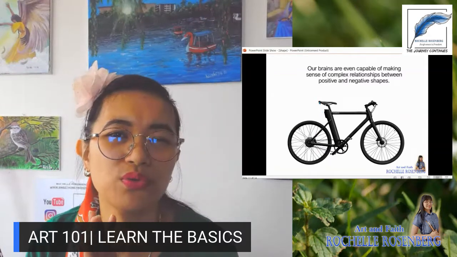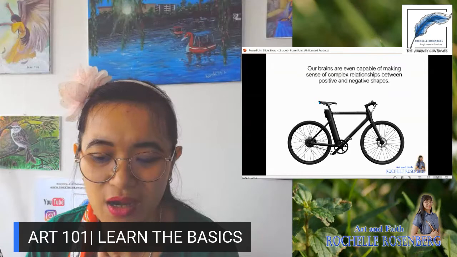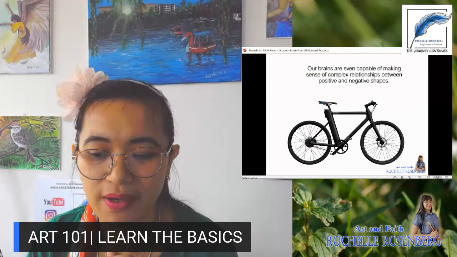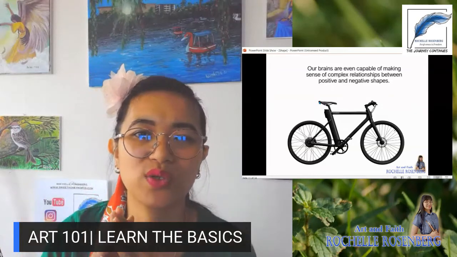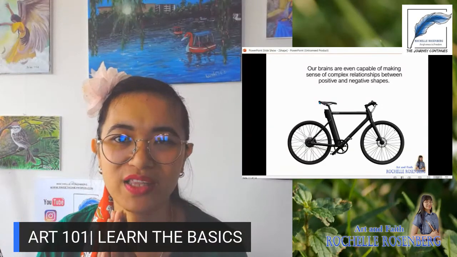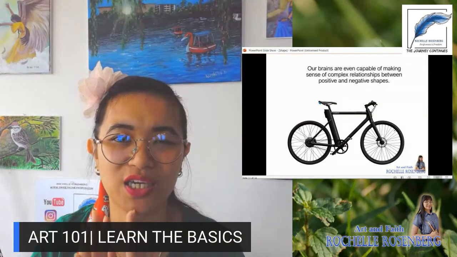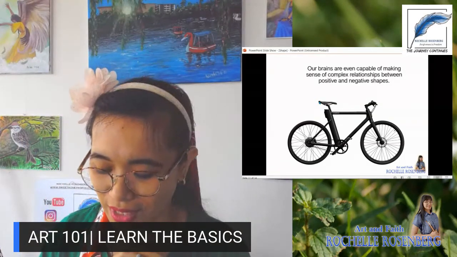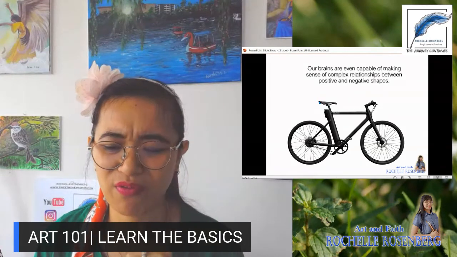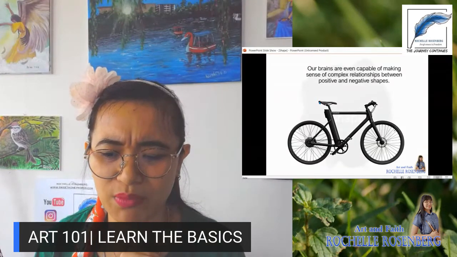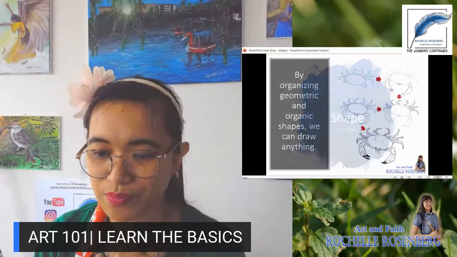Do you know those IQ tests when it comes to shapes and the relationship of shapes? Those are actually tests of your brain's understanding and logic, right? Now I hope you have a little bit of an idea and picture of what this means. So we're gonna go to part two.